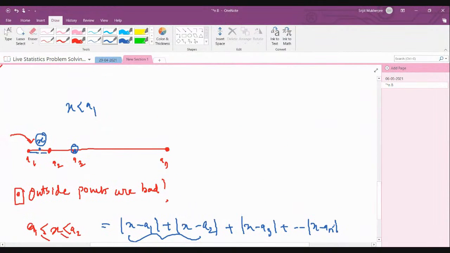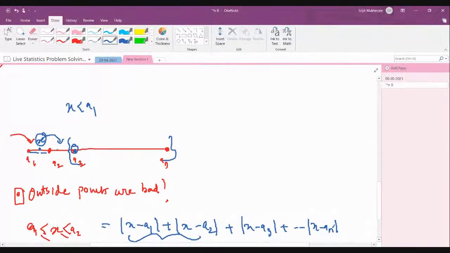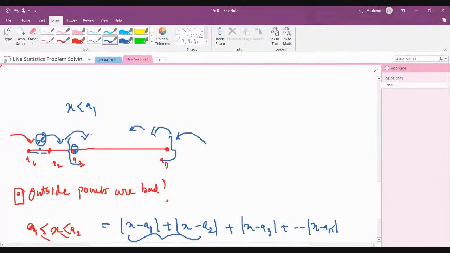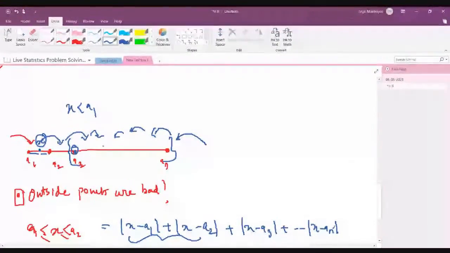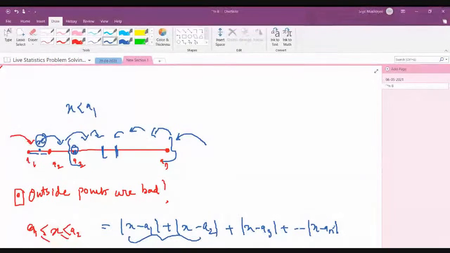This cannot be a good point to minimize this number, because it's outside the range of a3 dot dot an. So x again comes inside, and we keep on entering. Also on this side, this keeps on entering here, the possible value of x, and that will only meet in the middlemost region. That is the median. Only there is the minimum value.